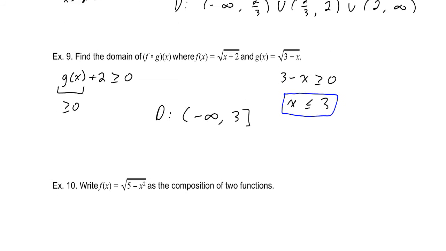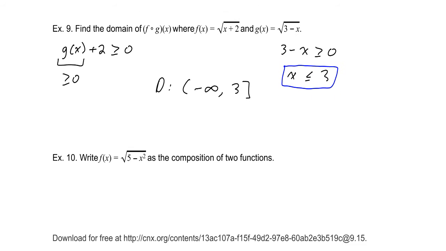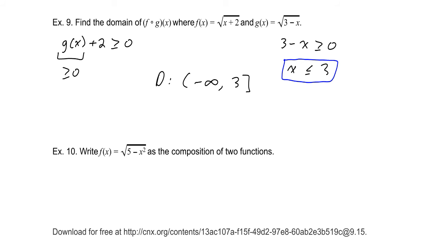All right, now our last question. Write f of x equals the square root of 5 minus x squared as the composition of 2 functions. So we need to look for, as we've seen already, an inside function and an outside function. So one way to see this is, let's call this h of x equals 5 minus x squared, and then g of x equals the square root of x.